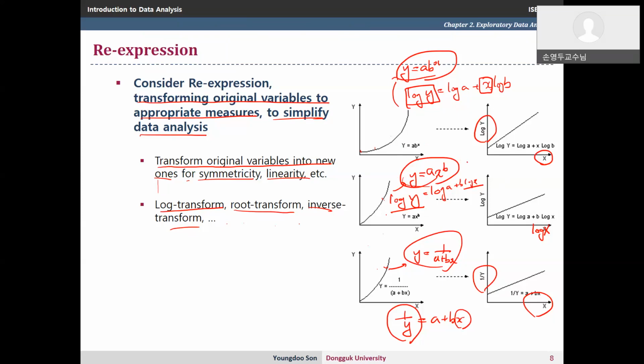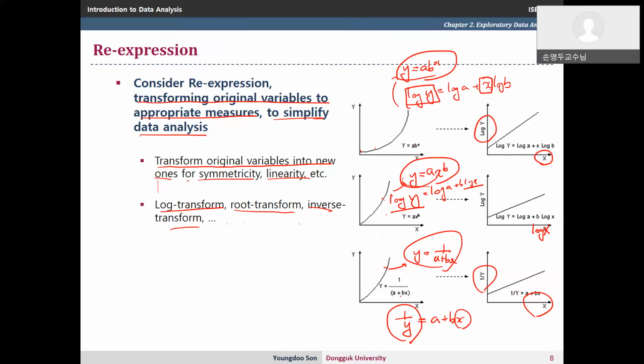For example, in the first graph, if we take the log of the y variable, then we get a linear relationship between log y and x. In the second graph, we find a linear graph between log x and log y, not the original x.